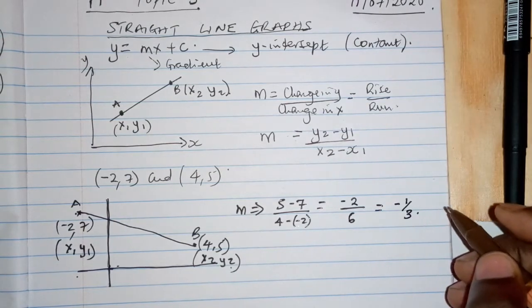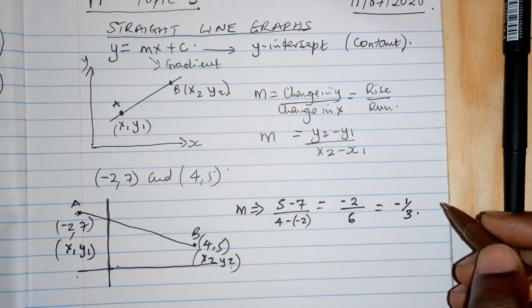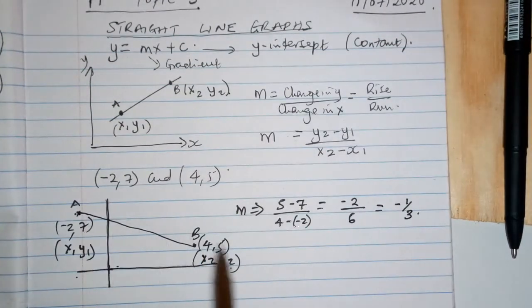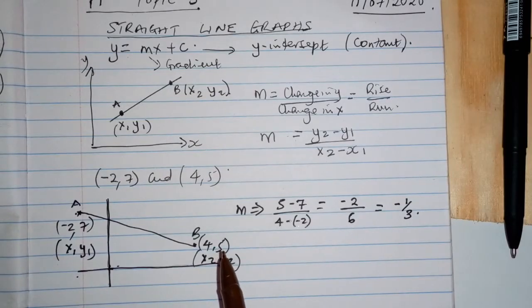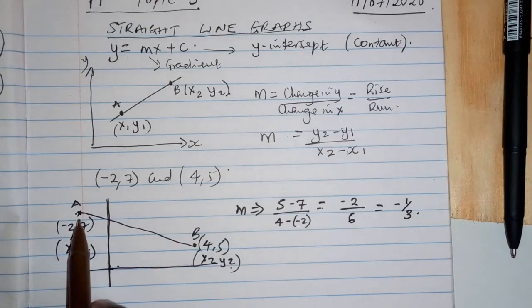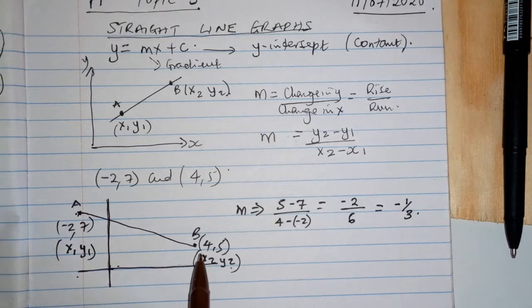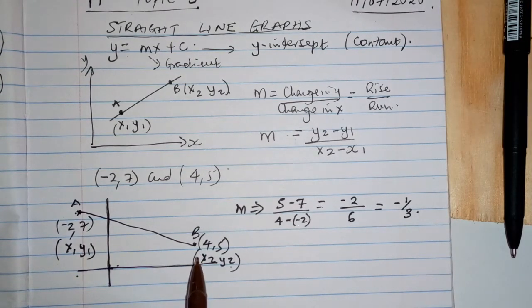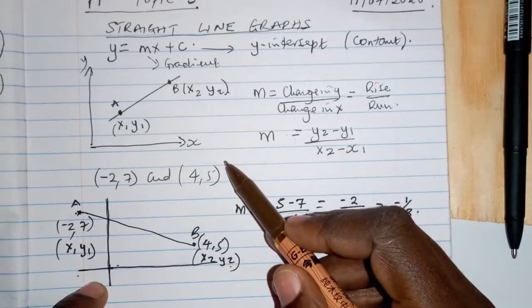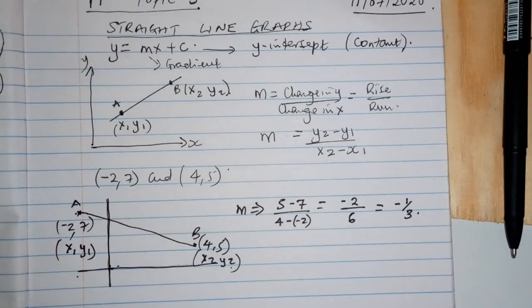It is clear that the gradient is going to be negative a third because you can already see the nature of our line. We understood earlier that when a straight line is coming from the top left to bottom right, the gradient is negative. When the line is coming from the bottom left to top right, then that gradient is going to be positive.